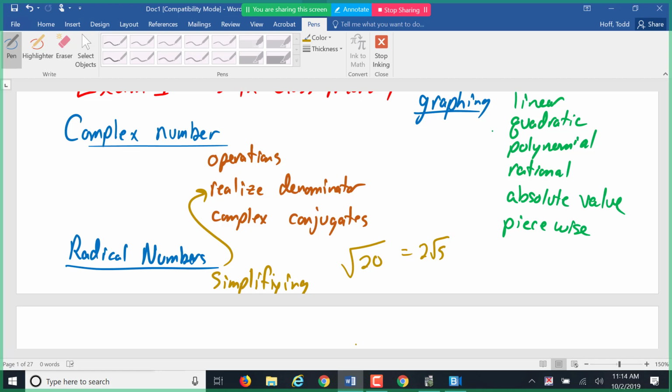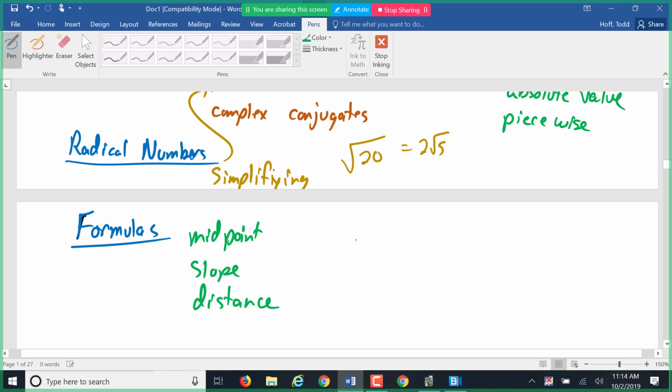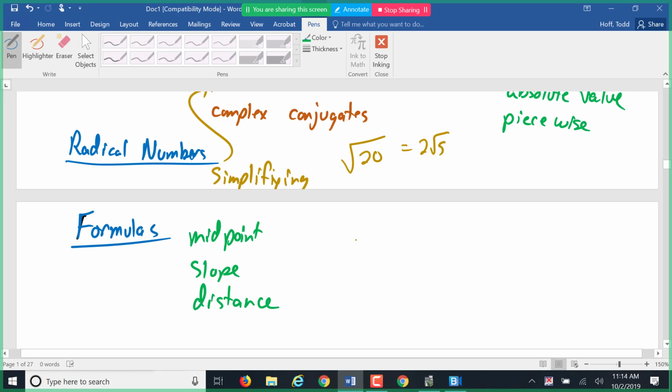And of course, there's things like formulas. Midpoint, slope, and distance formulas. And that's pretty much it.